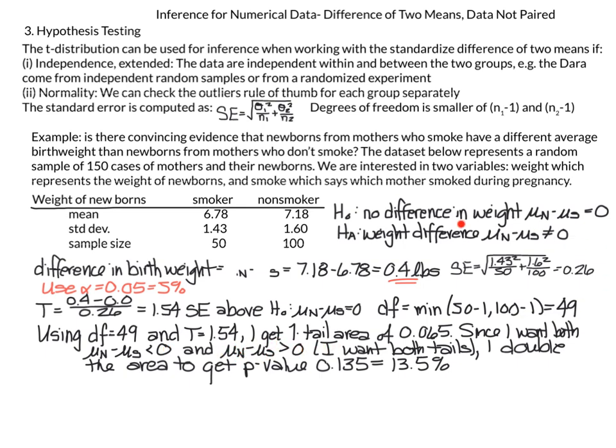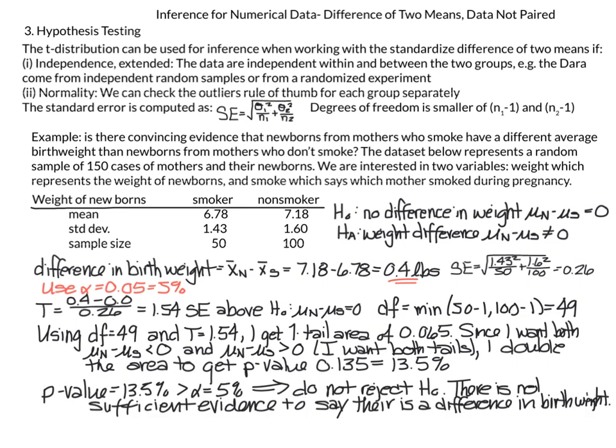In other words, for HA, because it's not equal to 0, we need both, greater than 0 or less than 0. So I want both tails, so I double the area to get a p-value of 0.135 or 13.5%. Again, I doubled the one tail area of 0.065 to get 0.135 or 13.5%.